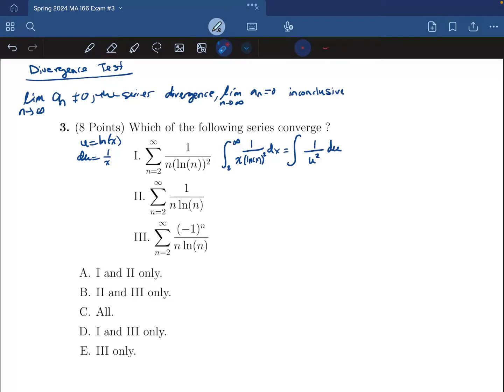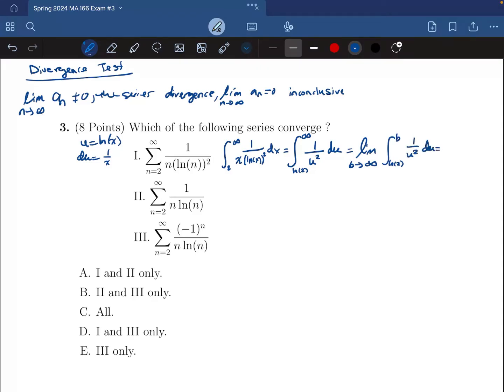And now that we're doing u-sub, we also changed the lower and upper bounds. The lower bound is going to be natural log of 2, and the upper bound is going to be the natural log of infinity, which is essentially infinity as well. Now we can rewrite our integral properly, because we're not allowed to integrate to infinity. We have to say the limit as b approaches infinity of the integral from natural log of 2 to b of 1 over u squared.